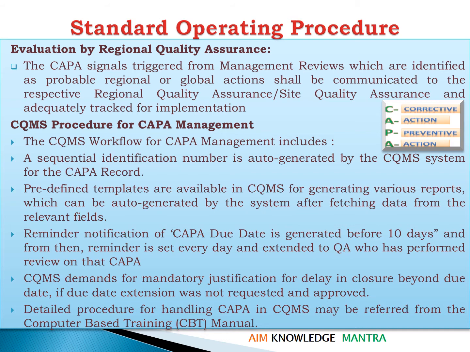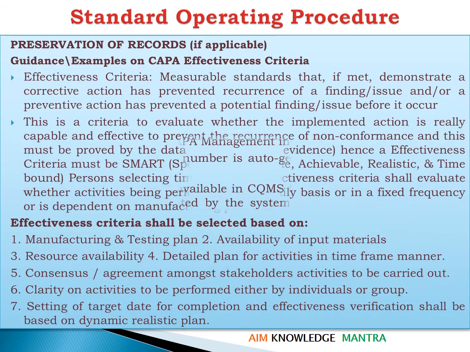Reminder notification of CAPA due date is generated before 10 days and from then, reminder is set every day and extended to QA who has performed review on that CAPA. CQMS demands mandatory justification for delay in closure beyond due date, if due date extension was not requested and approved. Detailed procedure for handling CAPA in CQMS may be referred from the Computer-Based Training (CBT) manual.